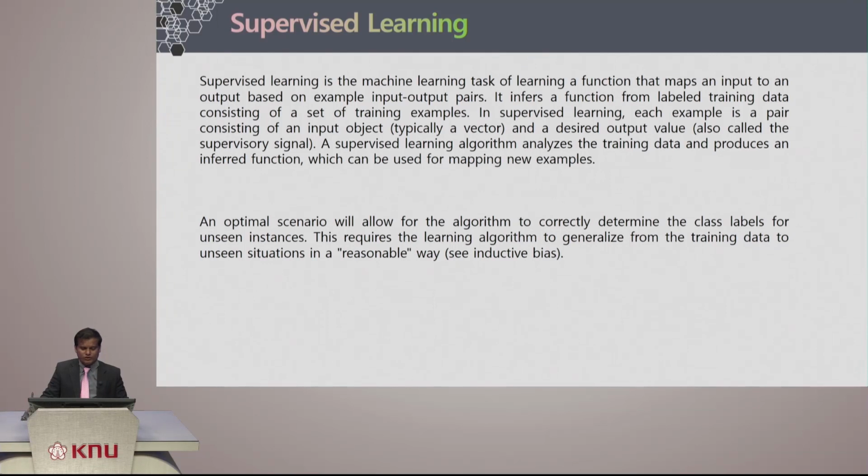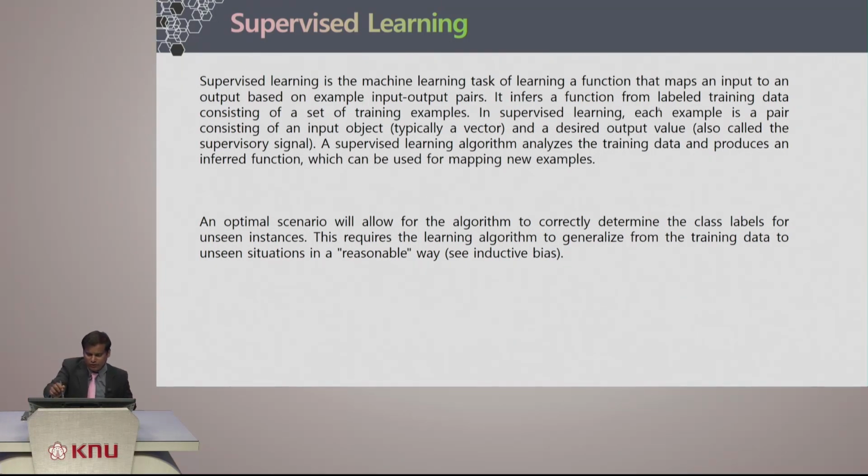So here's the first one, which is called supervised learning. As I have mentioned earlier, it has labeled training data. And in supervised learning, you know what is an input and what is the desired output.